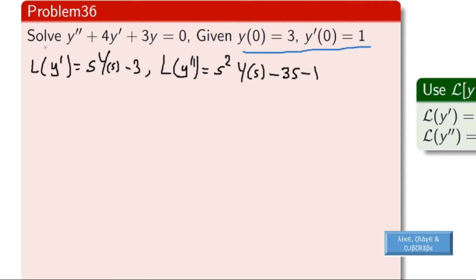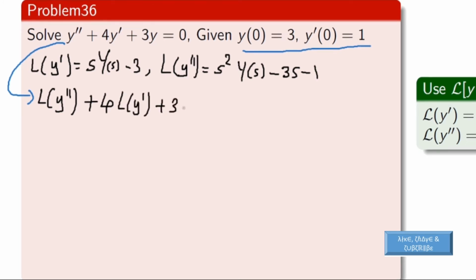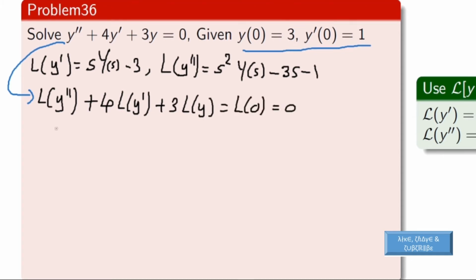Now taking the Laplace transform of the differential equation on both sides, we obtain L of y double dash plus 4 times L of y dash plus 3 times L of y equal to L of 0. We know that L of 0 equals 0.